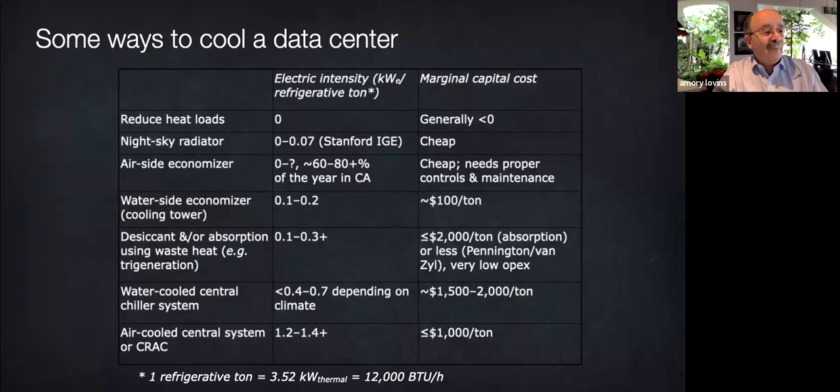Okay, so you see it costs generally less than zero to reduce heat loads. There are ways to radiate heat to the night sky very cheaply. You can use an airside economizer, which is kind of the equivalent of opening a window, but using equipment.